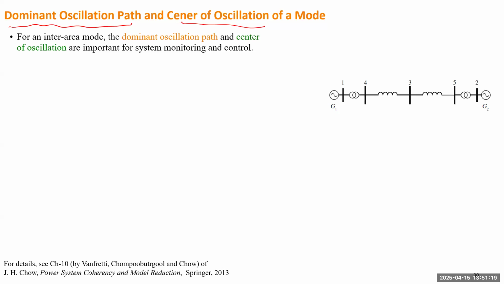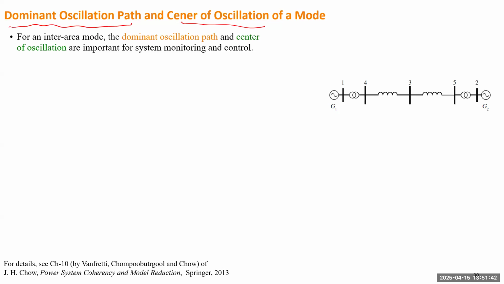If the system is too large, eventually you will see a lot of generators participate in the oscillation. But here you need to capture two very critical pieces of information. The first is the dominant paths involved in this mode. And second, what is really the center of oscillation?